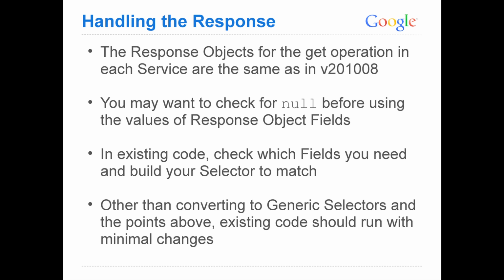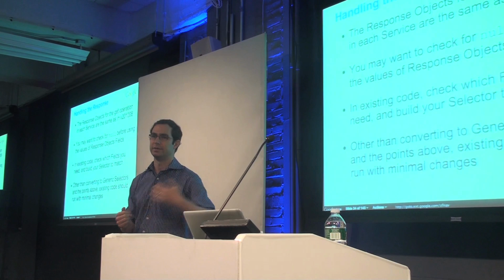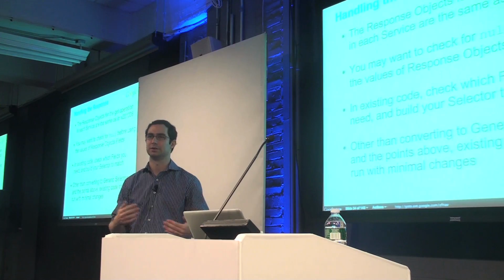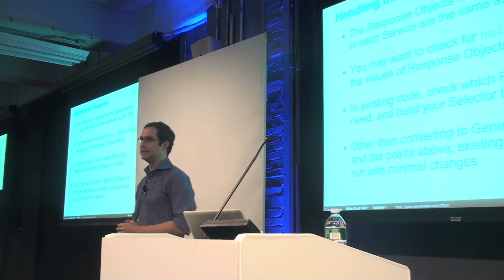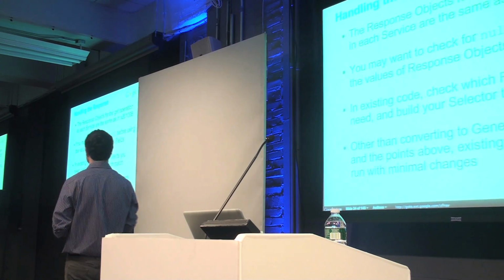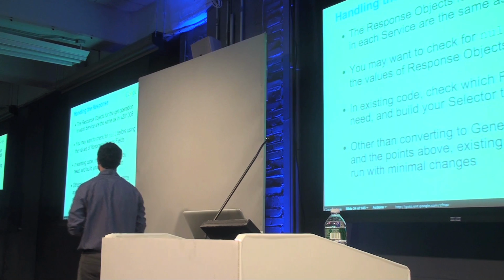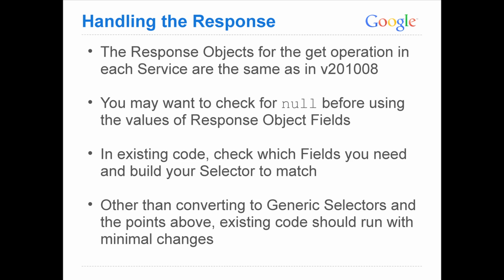Now, one thing to note though is you may get null values back for fields that you don't request. So if your code is currently indiscriminately accessing fields on the objects, you might need to add in some null checking. An easy way to do the migration is just check which fields you need in your existing code, and then build your selector to match that.